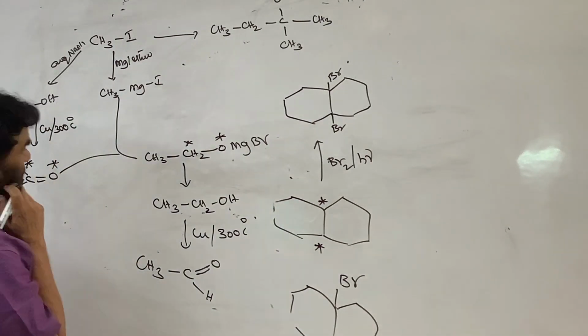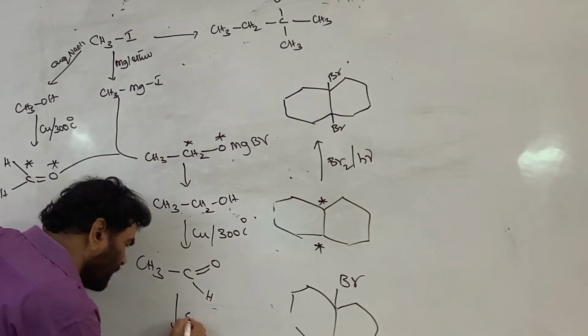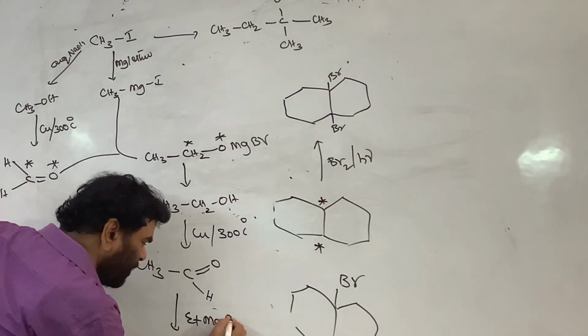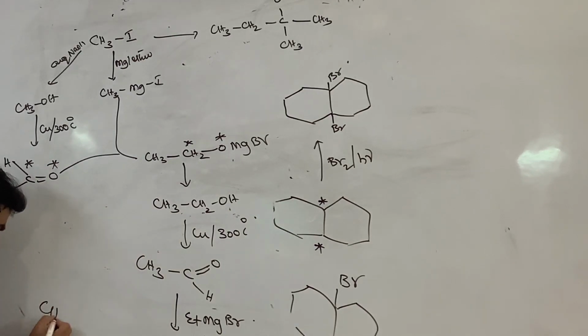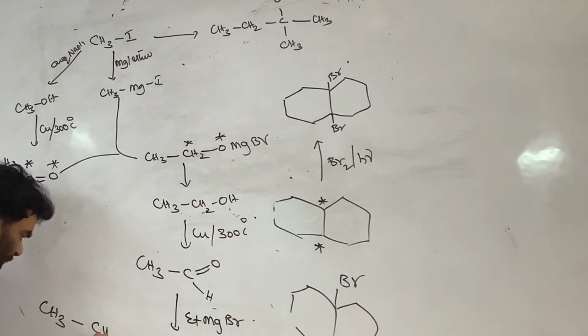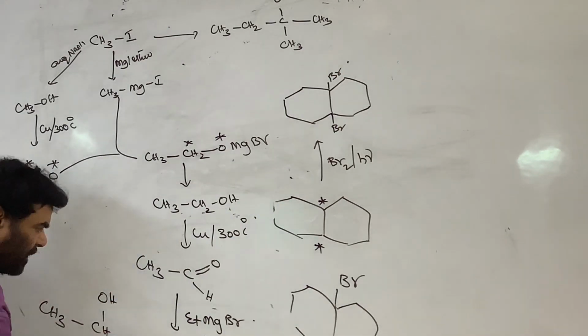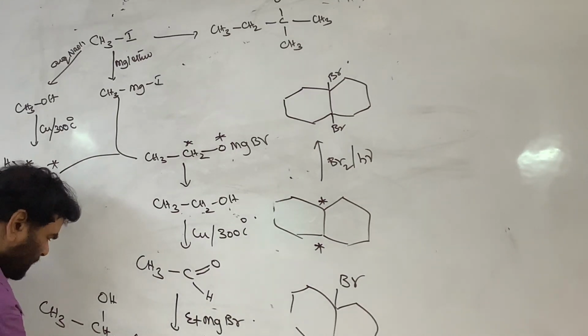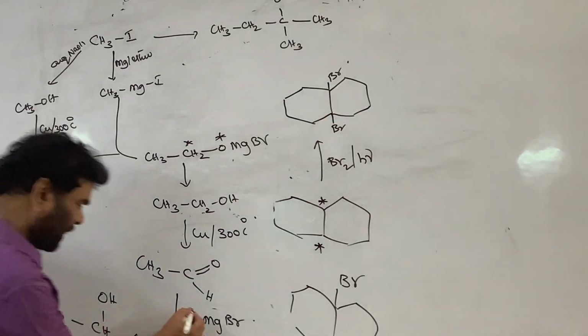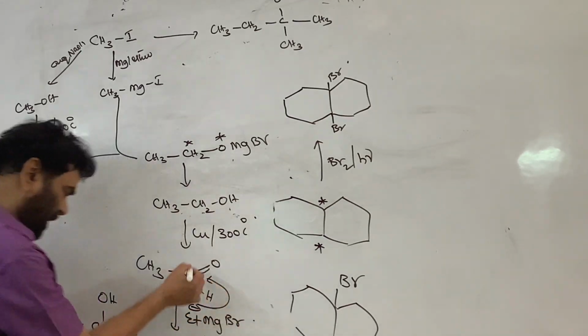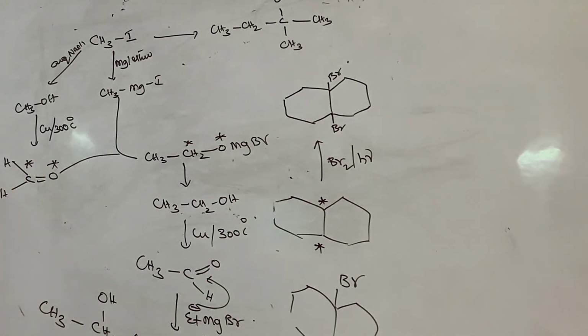So that is now treated with the ethyl magnesium bromide followed by hydrolysis. Now this gives the CH3 CH. Ethyl group is attacking here. Further hydrolysis gives this compound.